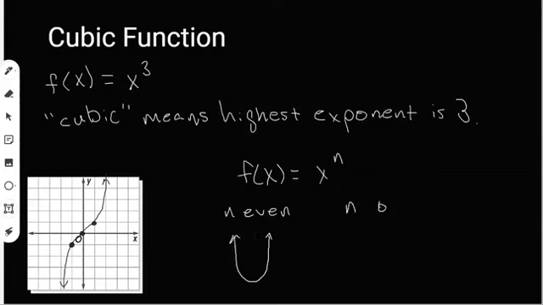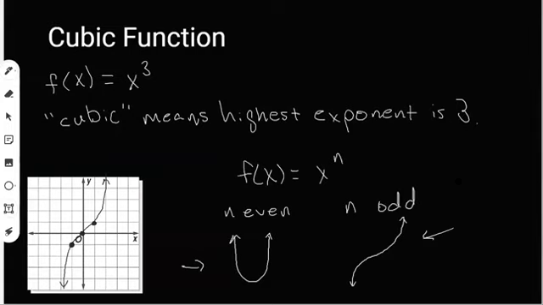But if n is an odd number, you're always going to get this shape, no matter what. So if n was 6, or if n was 8, or if n was 10, well, those are even numbers, so they would all look like this. But if n was 9, or 7, or 5, since n is an odd number, it would look more like this. So no matter what, every single function has a shape.